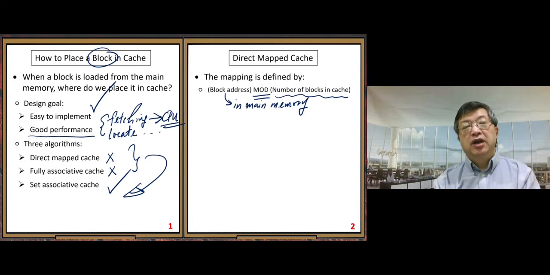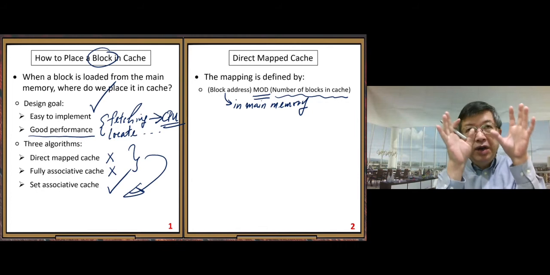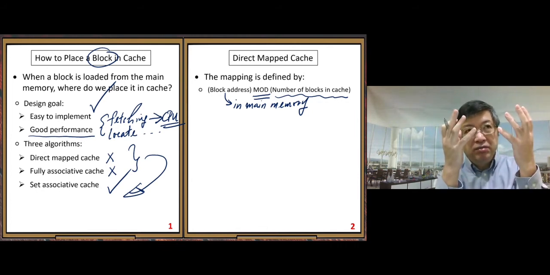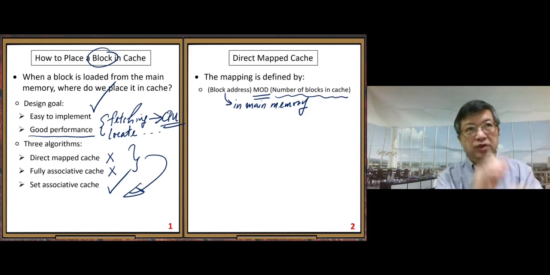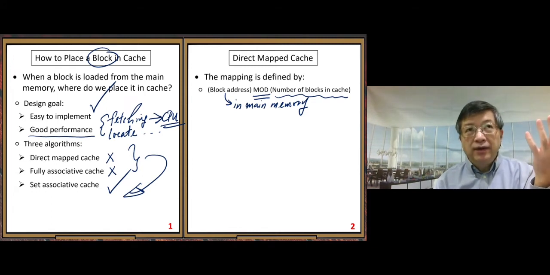A cache can hold a certain number of blocks. That number we use as the divisor. So we mod that number and get the remainder.